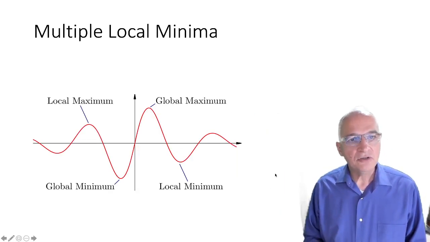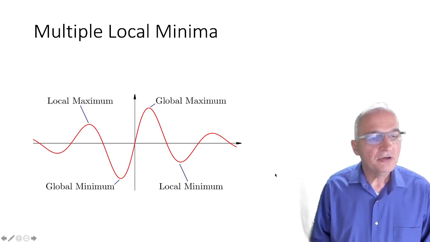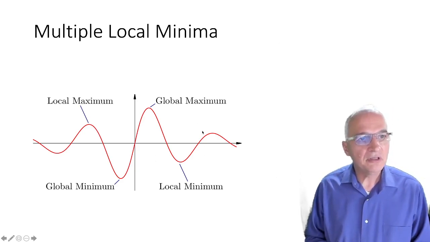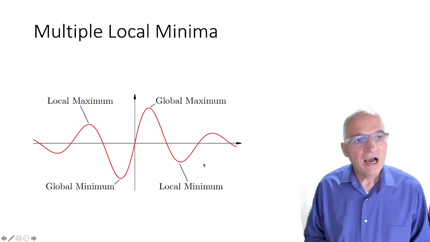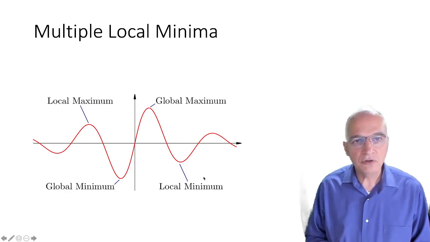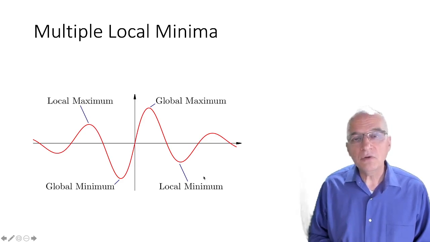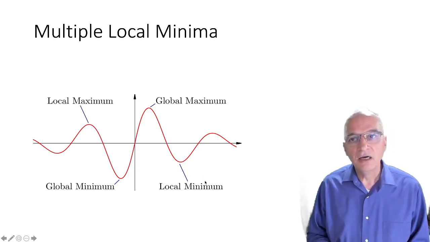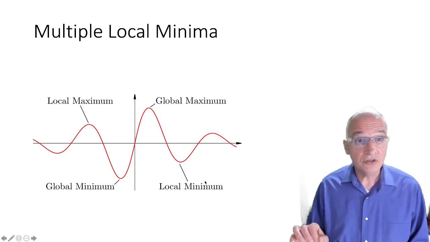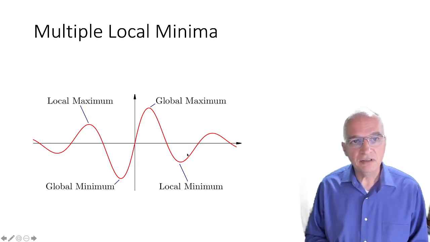However, let's consider this function here. If I start exploring this function around the region of this local minimum here, the Newton method will get trapped in this local minimum, because the Newton method can only find a minimum that is close, since it keeps moving based on the values of the derivative.